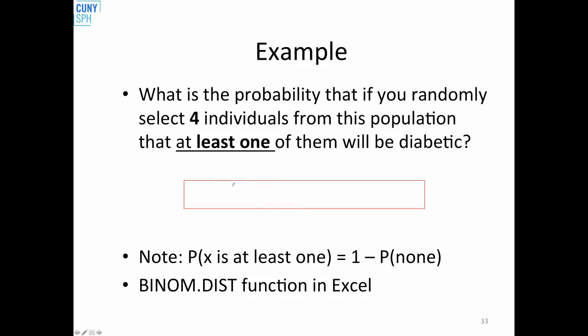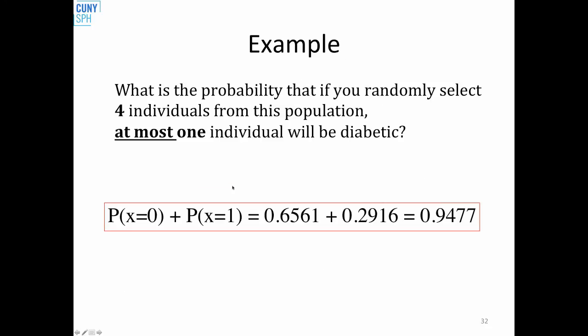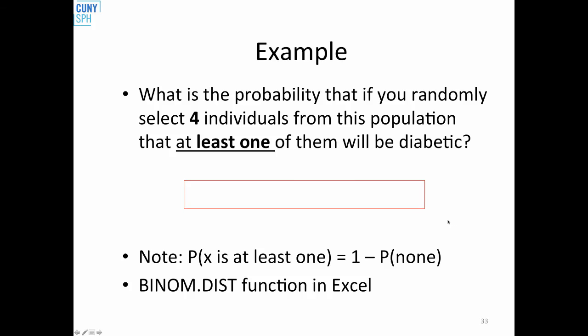We calculated on the previous page at most one, and that was 0.9477, so we could do this by calculating the probability of 2, 3, and 4, but the easy way is just 1 minus 0.9477. Let's just call it 0.95, so 1 minus 0.95 equals 0.05.